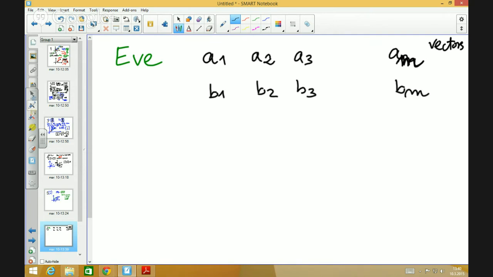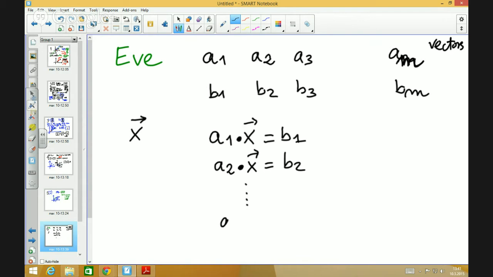So what Eve wants to find out is the password, namely X. So what you have is A1 dot product with X should be the bit B1. You want an X such that A2 dot product with X should be the bit B2. AM dot product with X should be the bit BM.